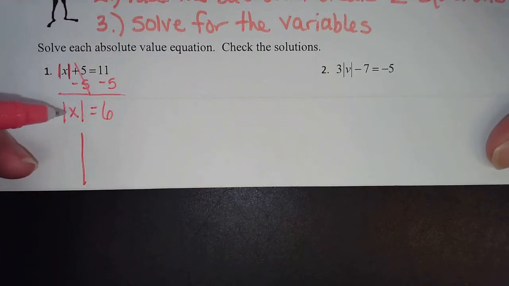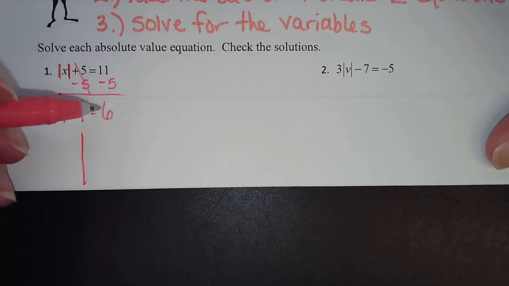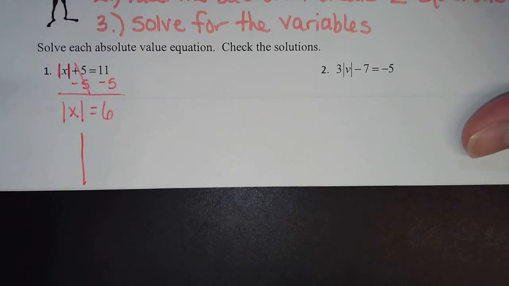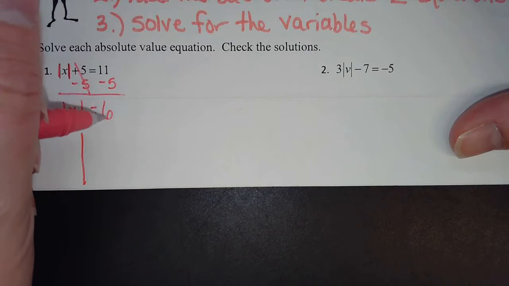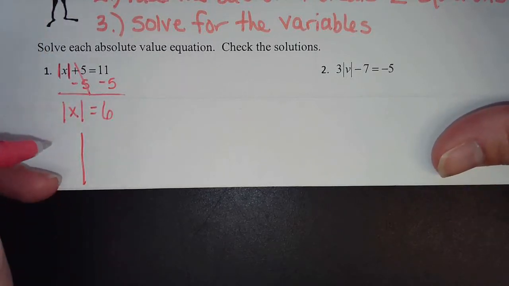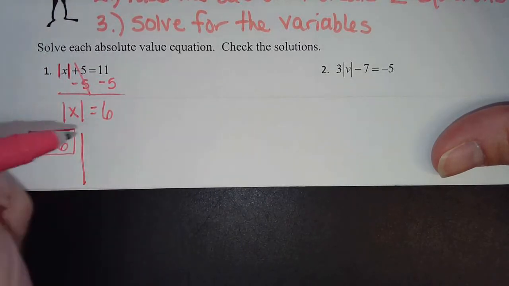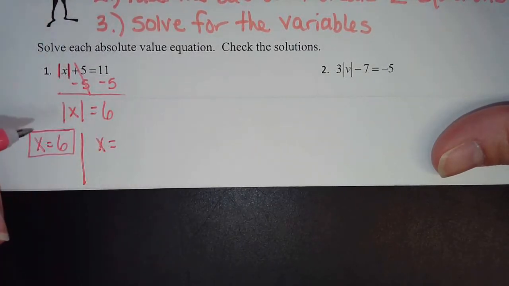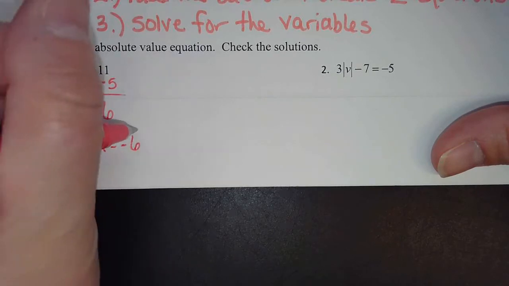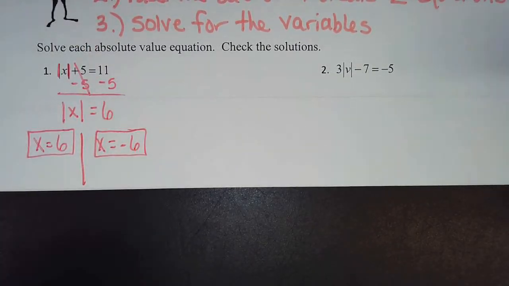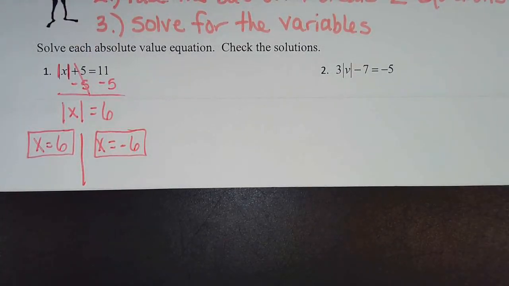So what I'm asking myself is, what values of x have a distance of 6 from 0? So the values of x that have a distance of 6 from 0 are x equals 6, and x could also equal what? Negative 6. Notice the bars are off. Once you have your absolute value bars by themselves, then you can take them off and actually solve your problem.